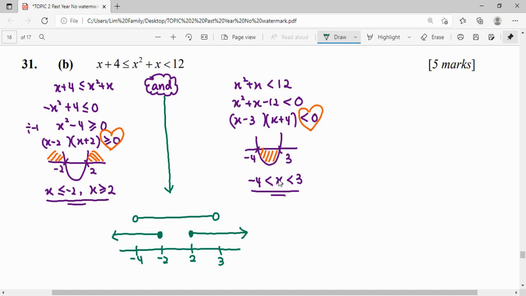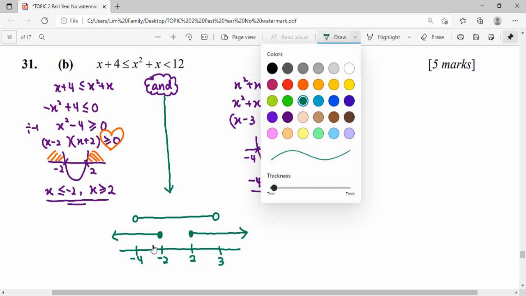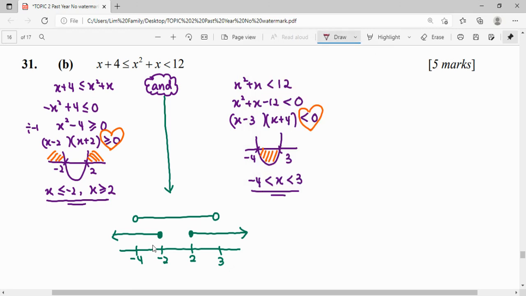Then we find their intersection on this number line because of the definition of intersection. For this region we have nothing to intersect, but for this region, yes, the two number lines are intersecting. Here occurs our intersection.